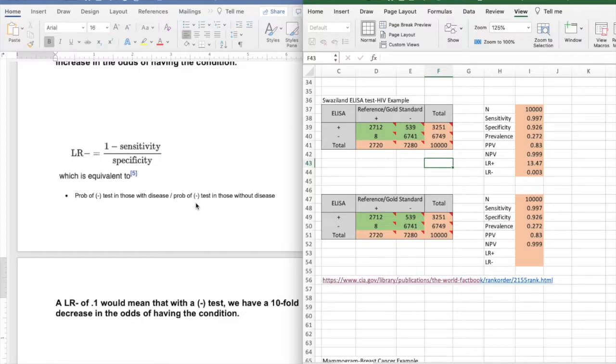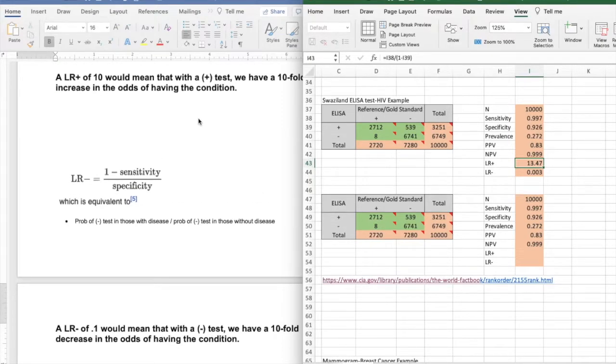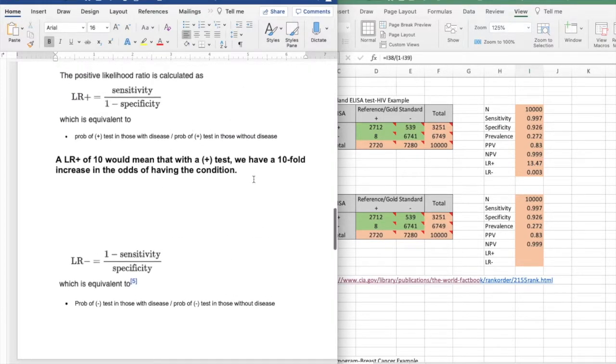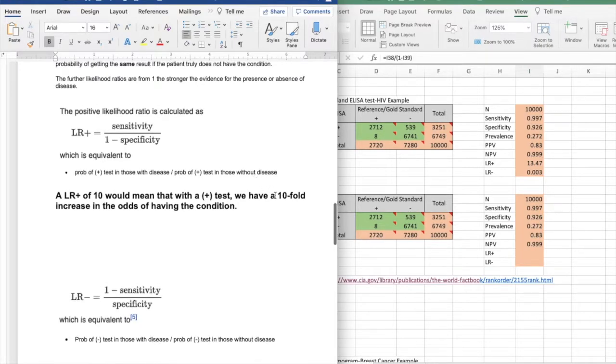Now, a likelihood ratio of 13 doesn't mean 13%. It just means that you increase the odds 13-fold. Well, from what? What was the starting point? Because what if you're already walking in with a very, very low likelihood of having the condition?